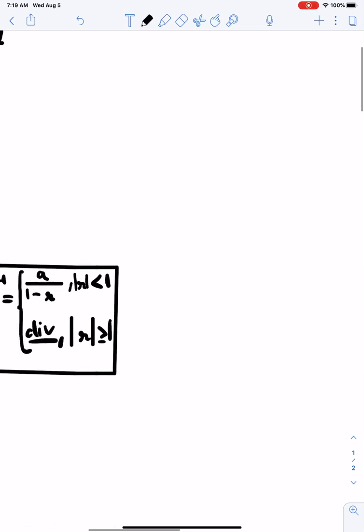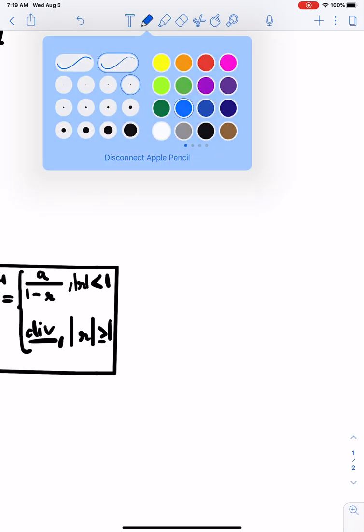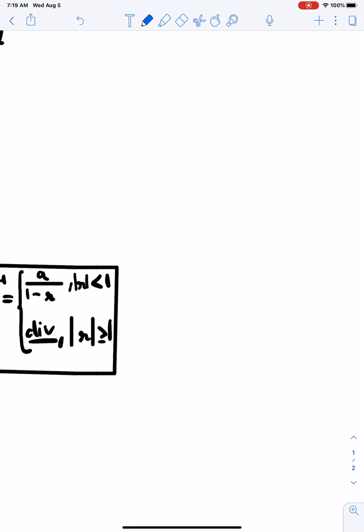Now, it is a necessary condition that the terms as n approaches infinity go to 0. So maybe I should be asking myself that question: is the limit as n approaching infinity of a sub n equal to 0?